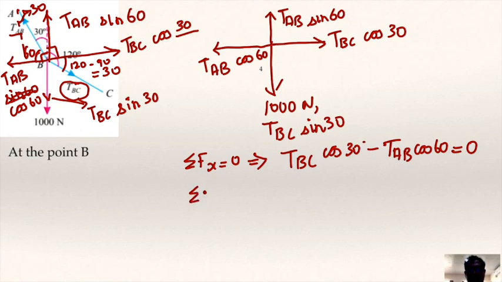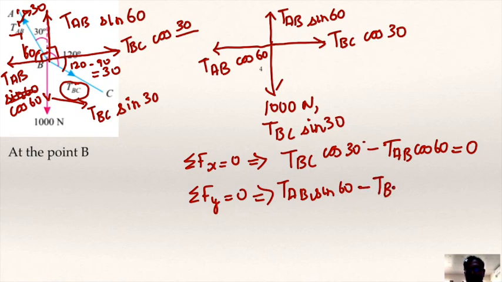And then you have another condition, that is sigma Fy is equal to 0. If you consider the y component, or say the vertical forces, force number 1, force number 2, that is the weight, and then you have force number 3, right? Out of which TAB sine 60 is lying on the positive side, in the upward direction, whereas 1000, as well as TBC sine 30, is in the downward direction, which means you're going to have a negative sign.